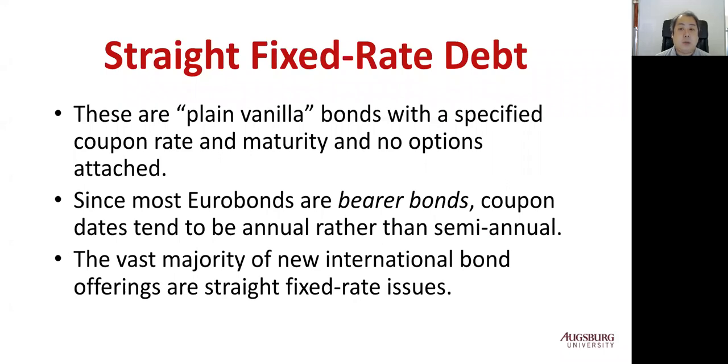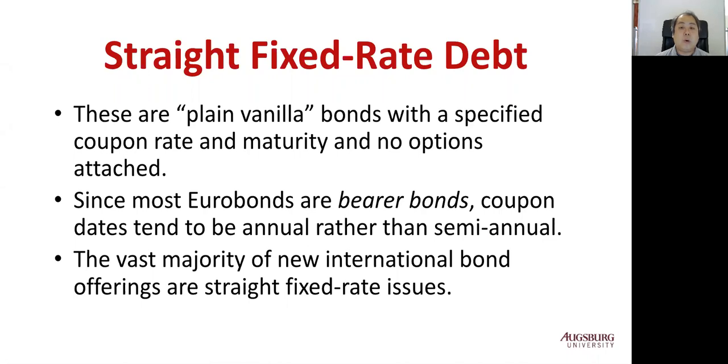Unlike many domestic bonds, which pay semi-annual coupons, a Eurobond coupon is typically paid annually. There's a reason. Bearer bond means there's no registration, so it's harder to find the bondholders.